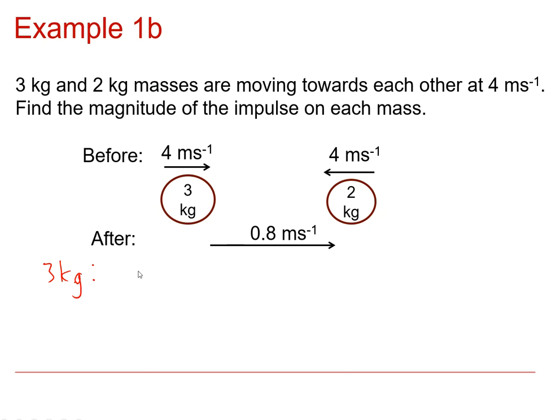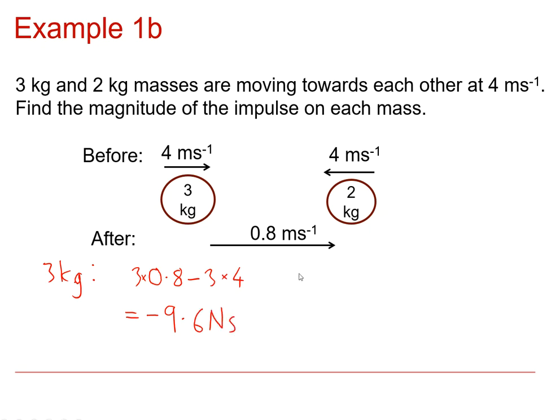So the change in the momentum is 3 times 0.8, that's the final momentum of that, minus the initial momentum, which was 3 times 4. That's minus 9.6 Newton seconds.